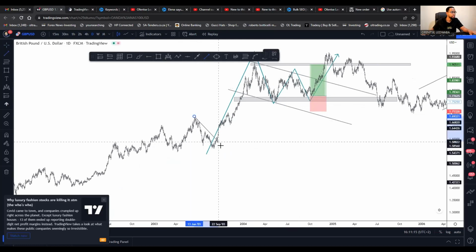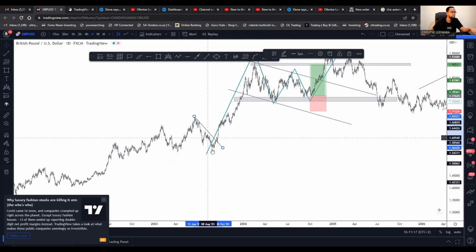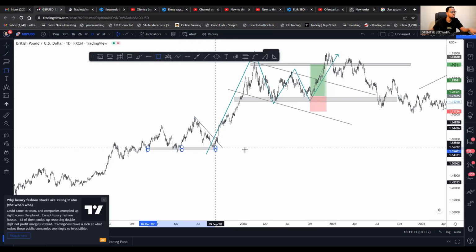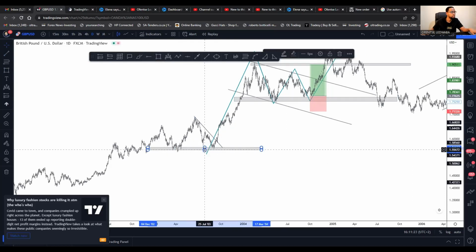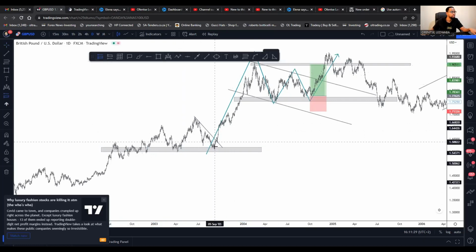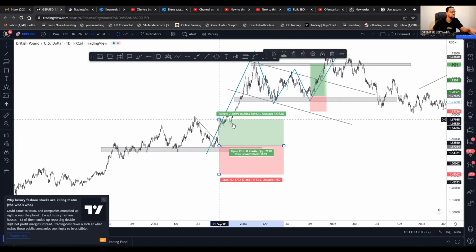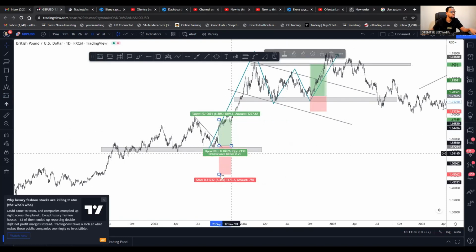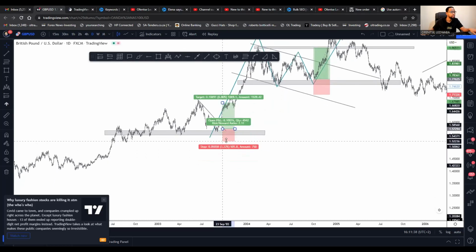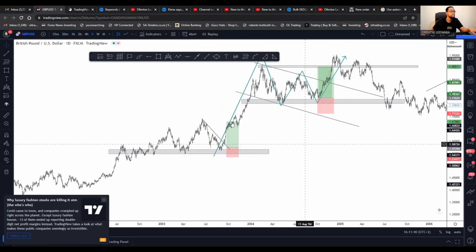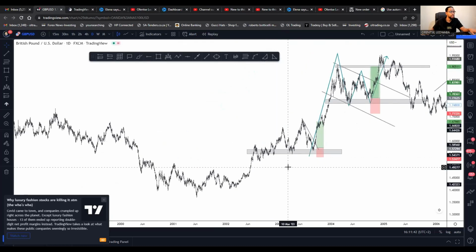Also, back testing this one, you could see that here we had this strong support, and then here you would buy. Your 90% will be here, and then you can see we pushed even further to the upside.